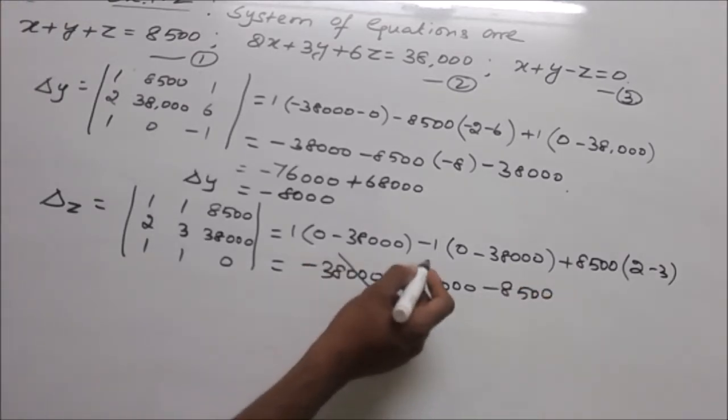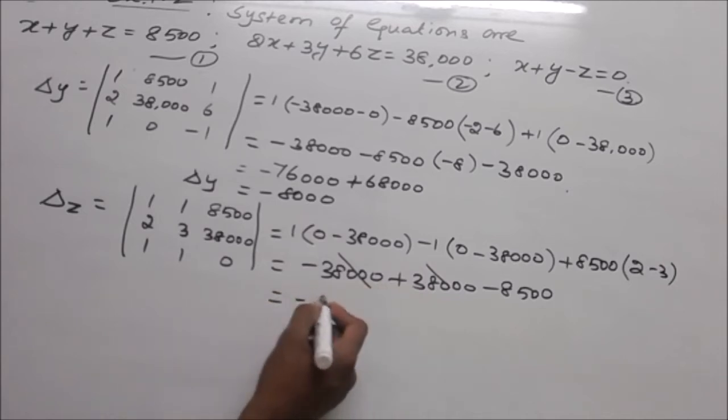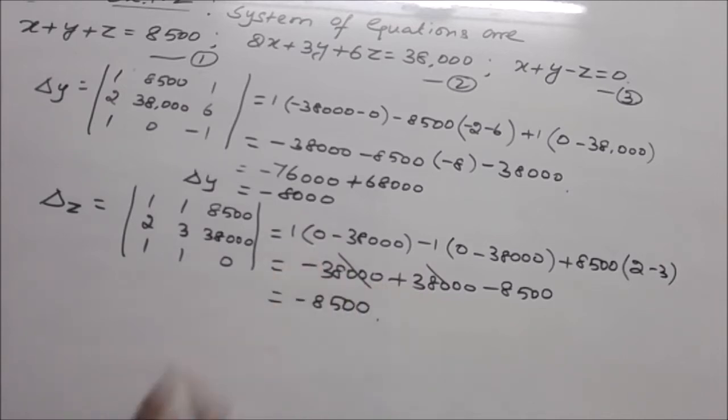These two get cancelled, which is equal to minus 8,500. We found all the values of delta, delta x, delta y, delta z. We can move to the solution now.